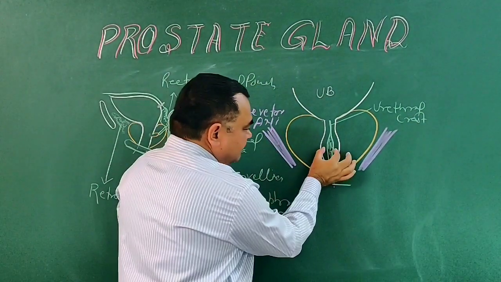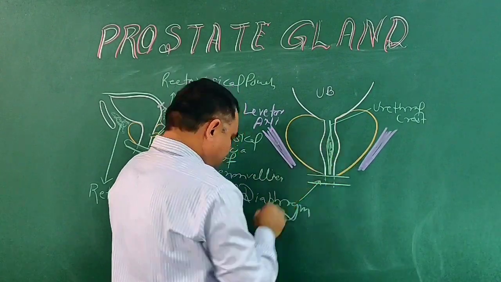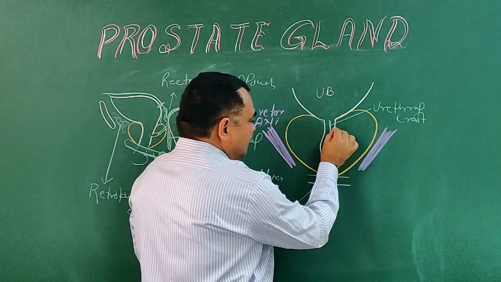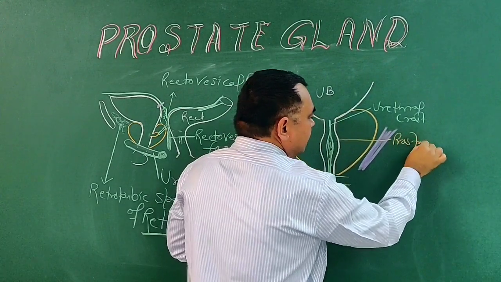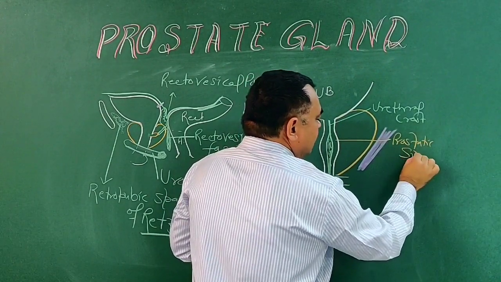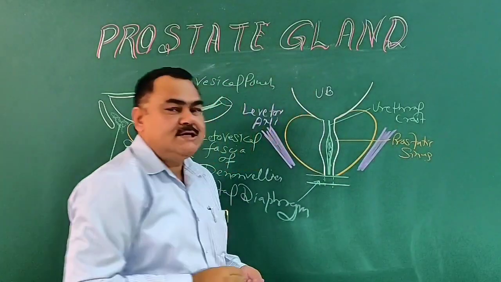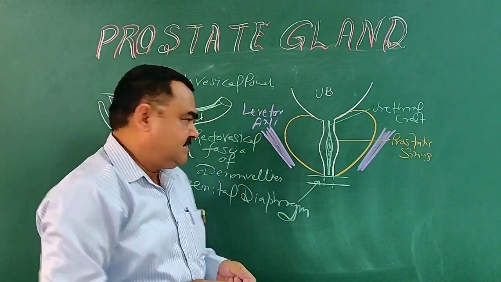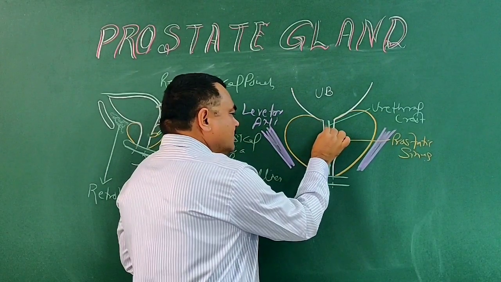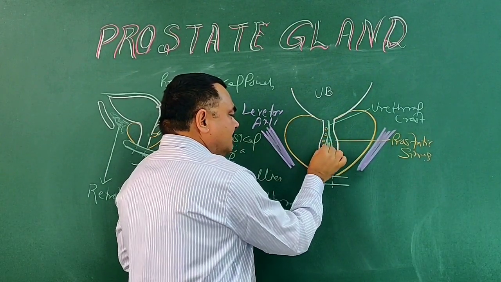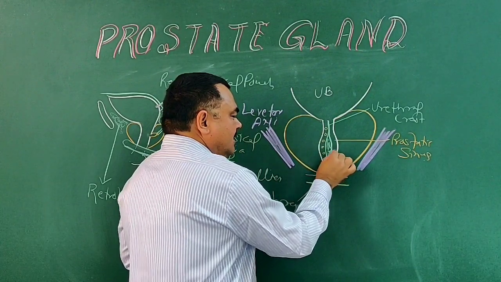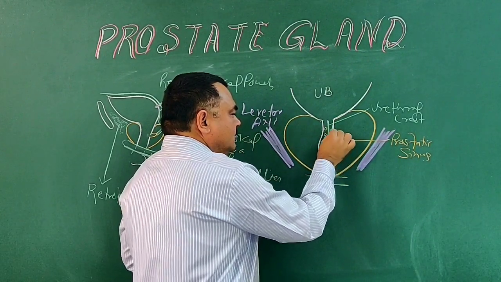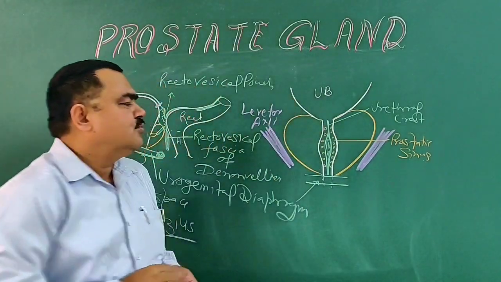And on both sides of this urethral crest there is the prostatic sinus. In the prostatic sinus, there are numerous openings of the ducts of the prostatic glands. So the glandular part opens through these ducts into the prostatic sinus.